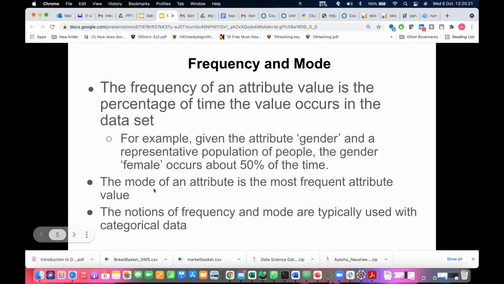If you take our class and all the names, the name which will appear most of the times is the mode, if you consider only names of people. So the value which appears the most number of times is called the mode. The notions of frequency and mode are typically used with categorical data.